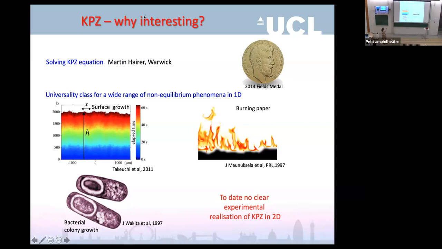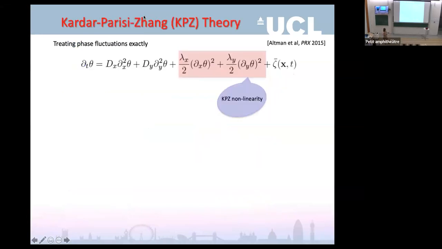In our case, the variable which will obey the KPZ equation in the case of a driven dissipative condensate will be a phase. And phase is a compact variable. It only goes from 0 to 2pi, and one can have vortices there which compete with the KPZ order. So this is the first possible experimental realization of KPZ in 2D for a compact variable.